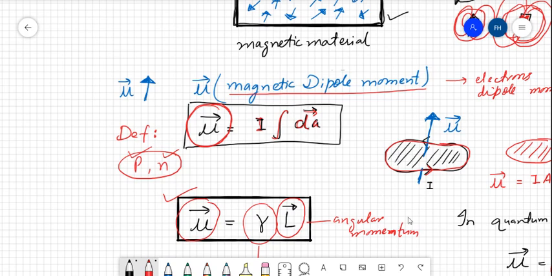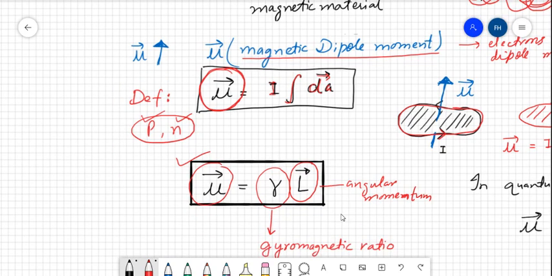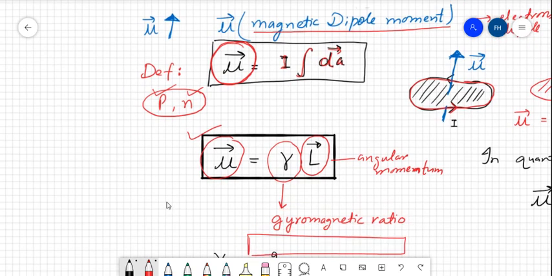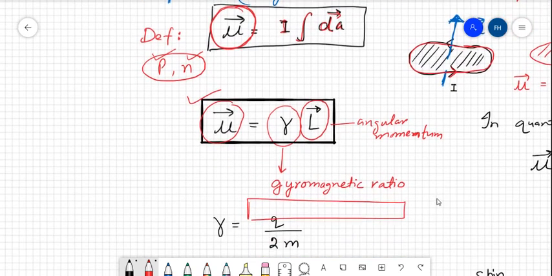This is the classical equation, where gamma is the gyromagnetic ratio, and in the classical derivation it comes out to be gamma equals q upon 2m.